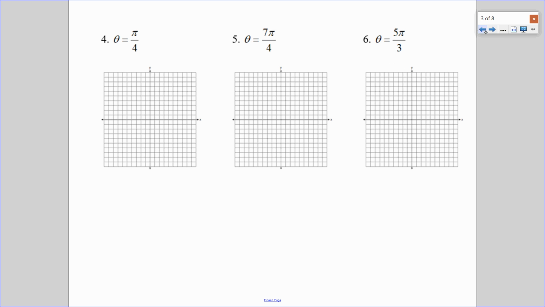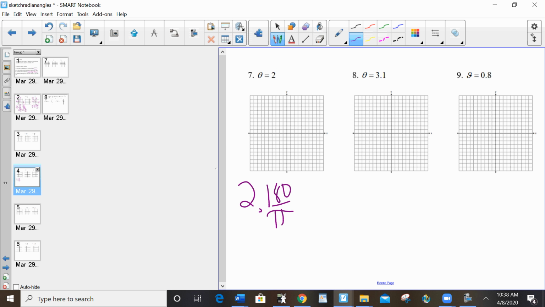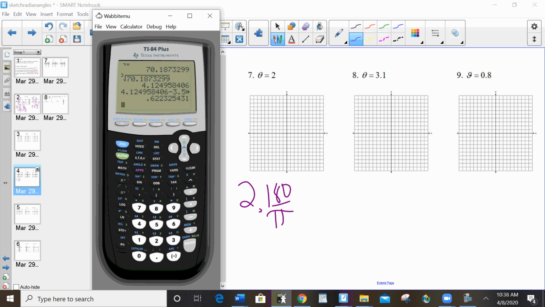Now, what if there's no pi? Well, that's nothing new. We did that the other day. I'm still multiplying by 180 over pi. Now this one I'm going to need the calculator. 2 times 180 over pi is 114.